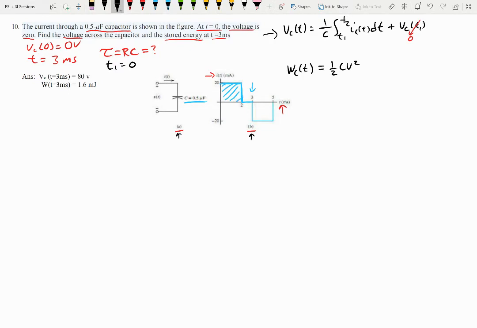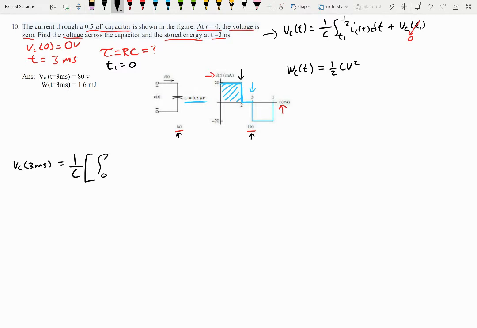So if we write out our integral equation, V of C at 3 milliseconds, 1 over C. Notice it's not a continuous function, so we're going to have to do a piecewise on it. Because it has this weird break right here where it has a sudden drop vertically down to 0, we've got to do 2 pieces.